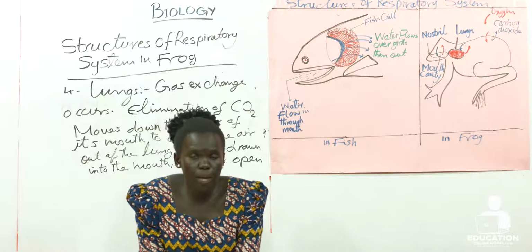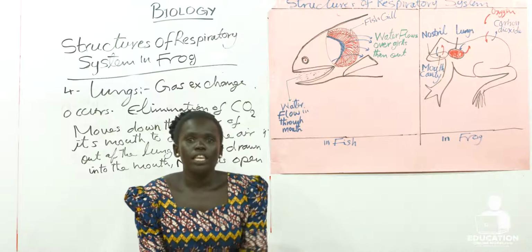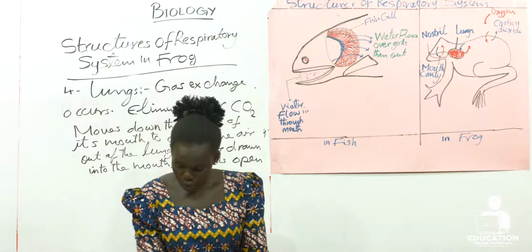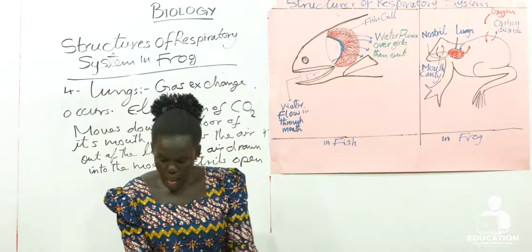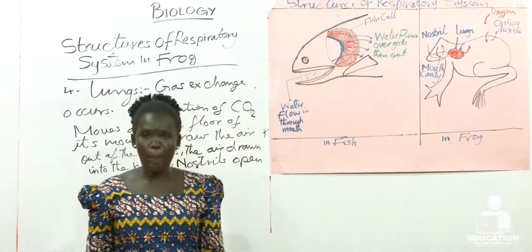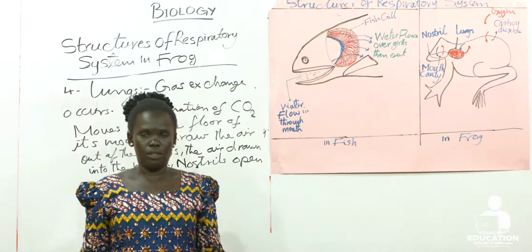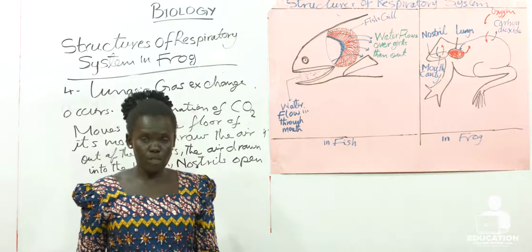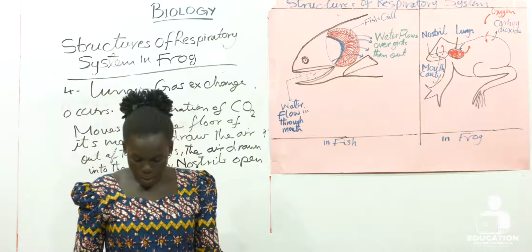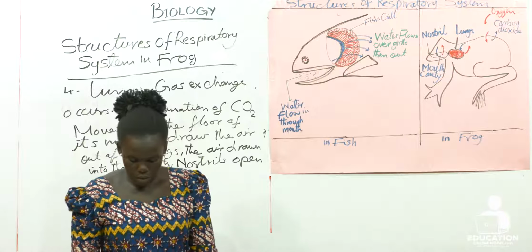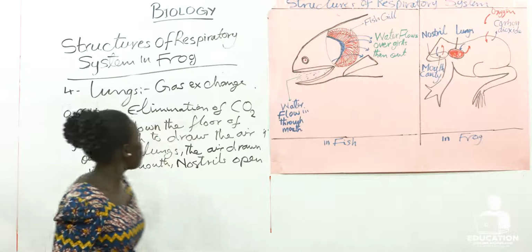After drawing the air from the lungs, it reaches the mouth. When it reaches the mouth, the nostrils are open, then the floor of the mouth moves up.